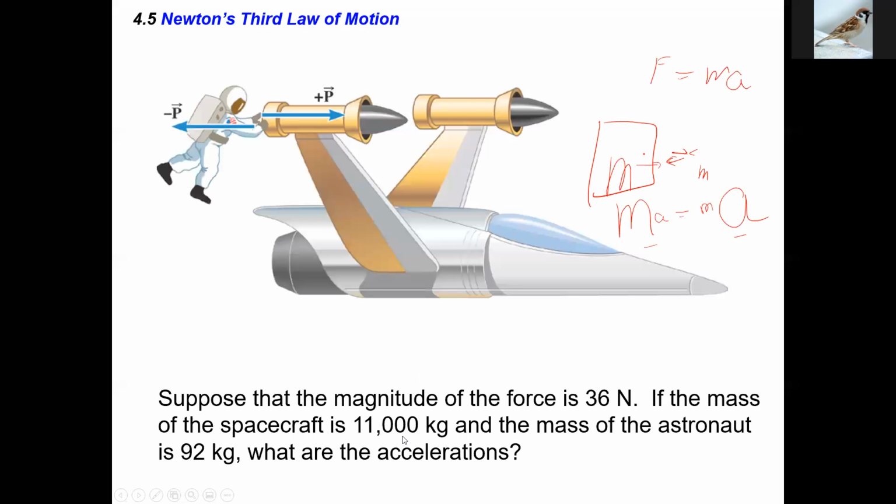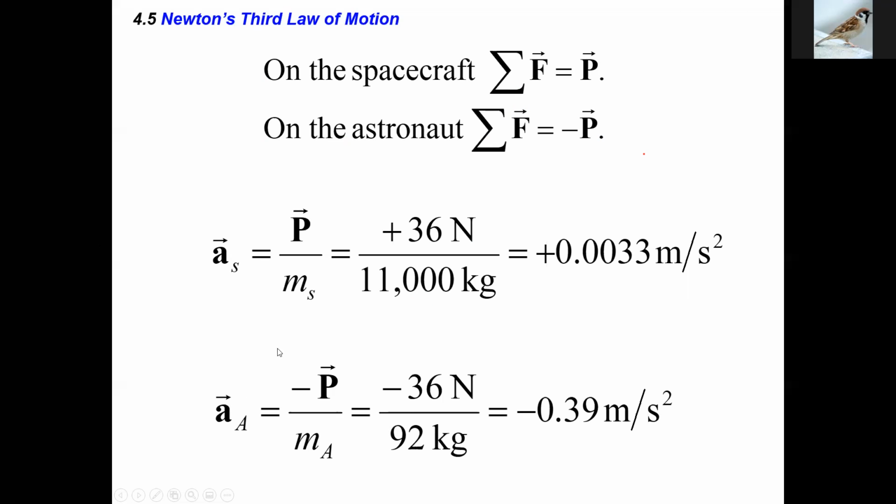So take note it's opposite, the negative P here. So negative P over ma gives negative 0.39. So they have different accelerations, but their forces are still equal and opposite in direction.